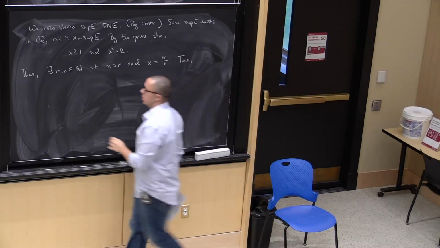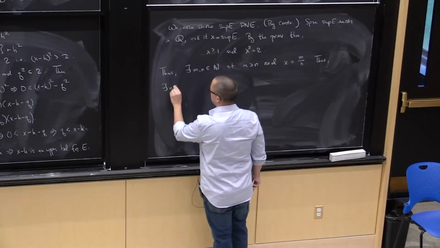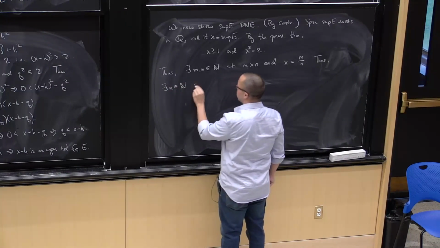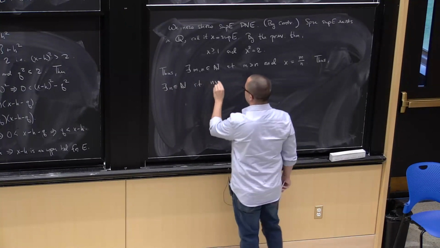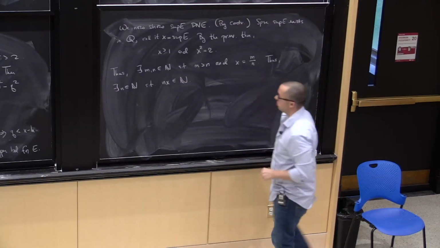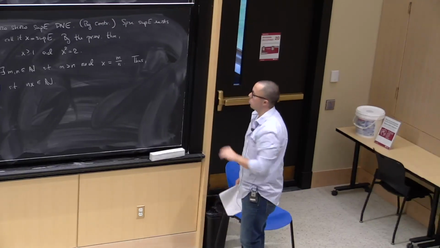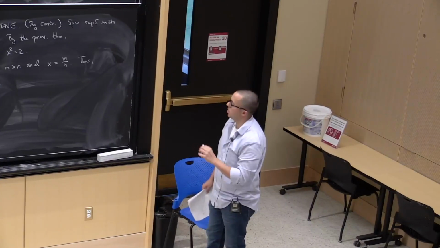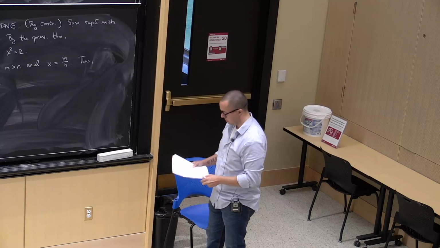Thus, there exists an N such that N times X is a natural number. All right, just multiplying through by N, that means that N times X is equal to M, which is a natural number.